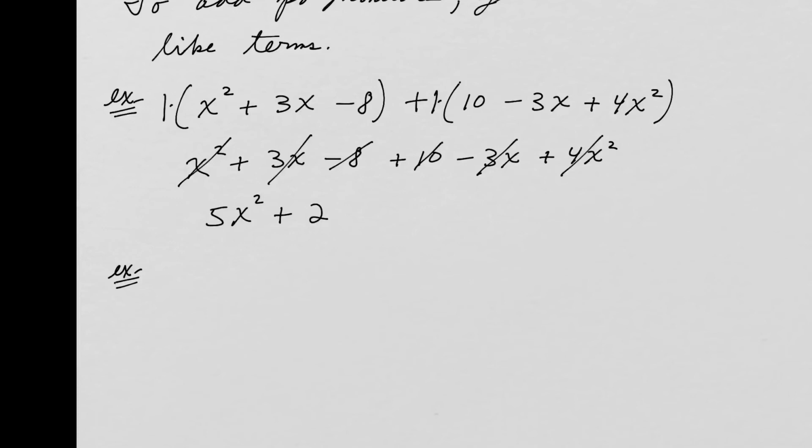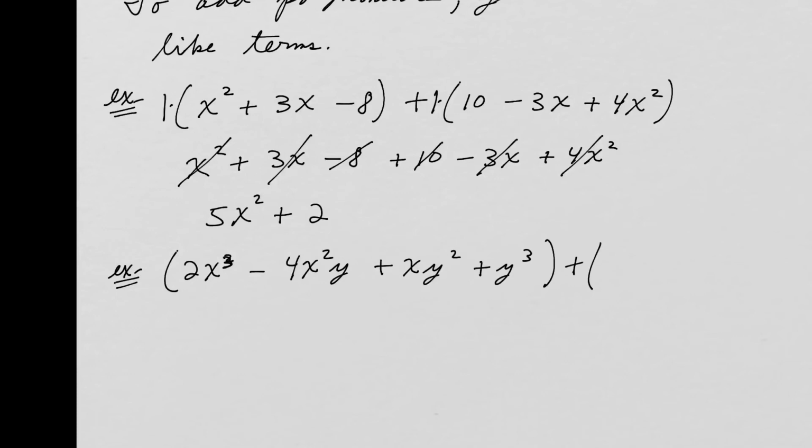Okay, here's another one. Let's say we have 2x cubed minus 4x squared y plus xy squared plus y cubed.